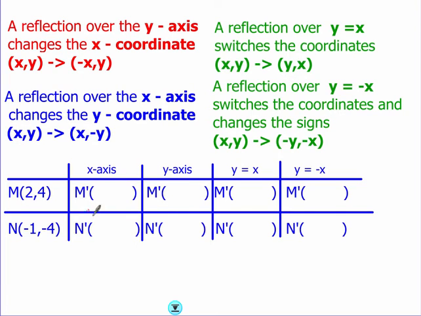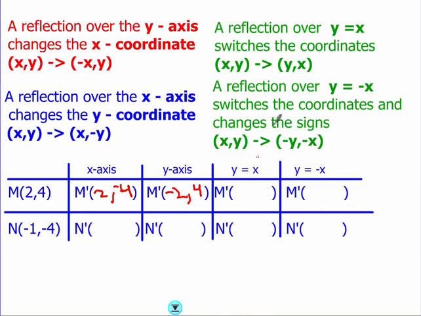So let's take a look at how this looks. If I've got M at (2, 4), and I'm going to reflect it over the x-axis, I know that changes the y-coordinate. So (2, 4) becomes (2, negative 4). All I do is change that one coordinate. If I reflect it over the y-axis, then the x-coordinate changes, so it becomes (negative 2, positive 4).